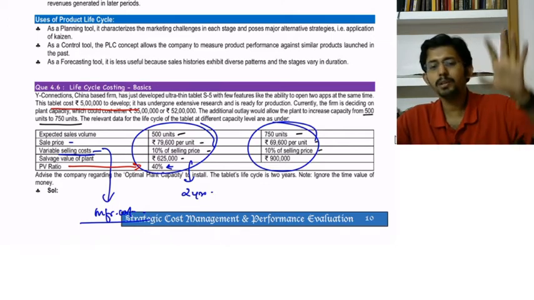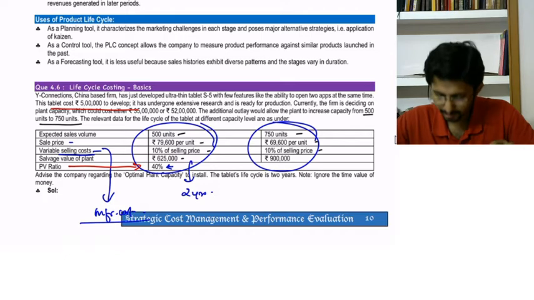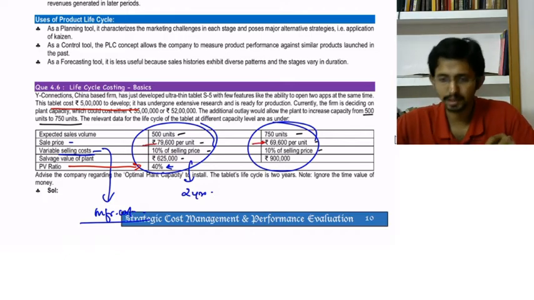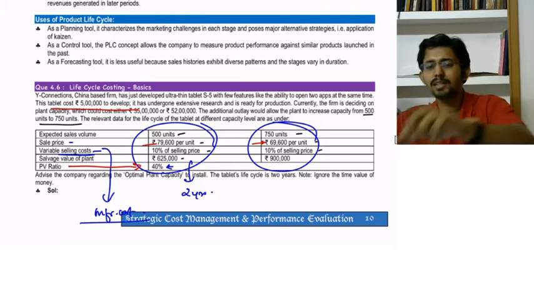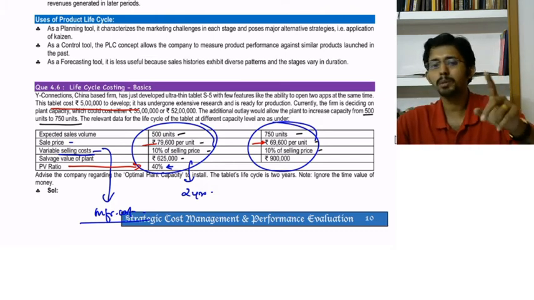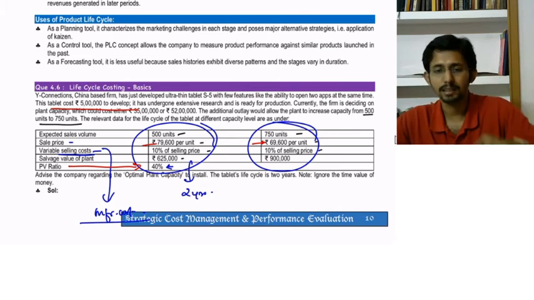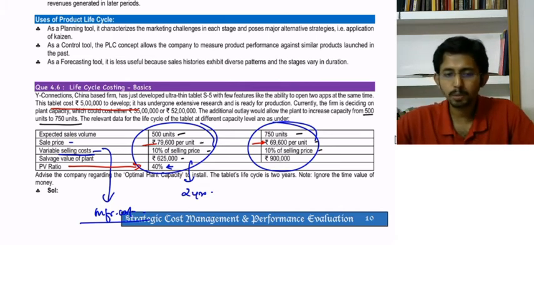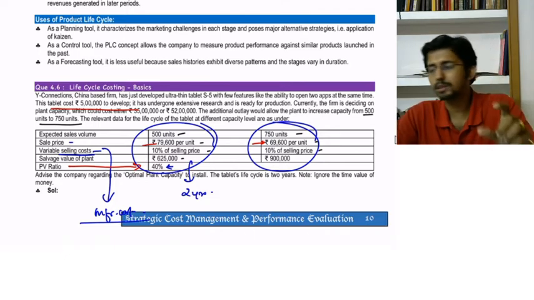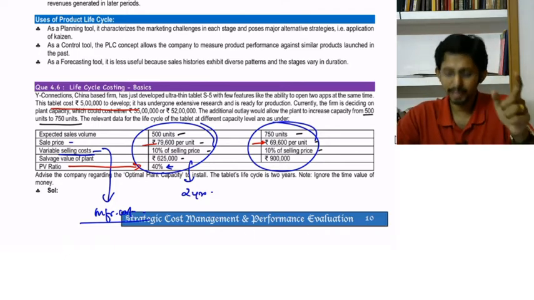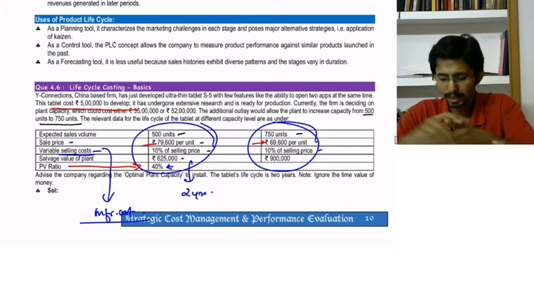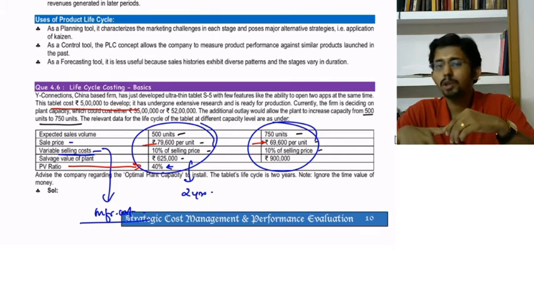Even when you reduce your selling price, here the selling price is 79,600, here the selling price is 69,600, the contribution ratio is not changing, which means the amount of contribution per unit or the variable cost per unit will be different in both the options. Is it clear?